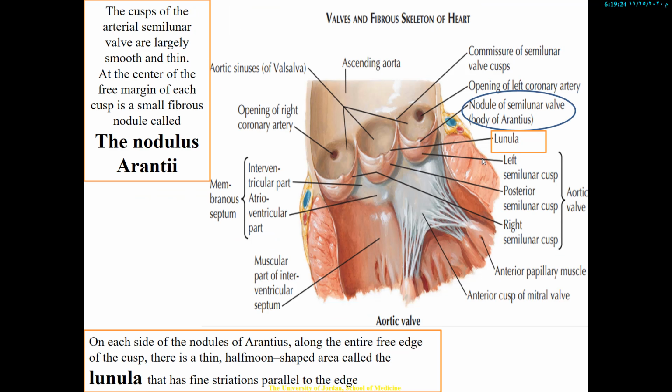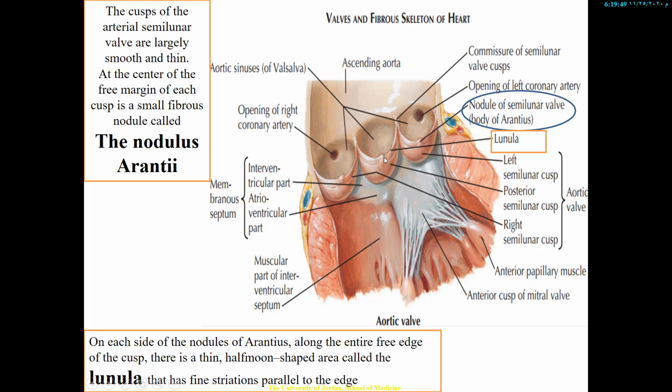The cusps of the arterial semilunar valve are largely smooth, of course, and thin. They are very thin and smooth. At the center here, as you can see, of the free margin, this is the free margin, whereas the attached margins are there.